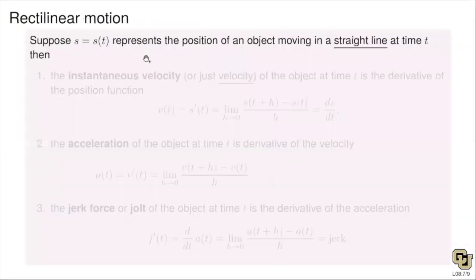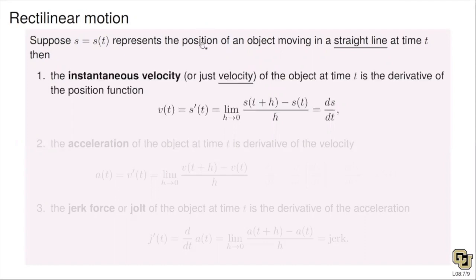All right, let me do this last slide here, and I'm going to stop. This slide is just an example of higher derivatives. We talked about if s is a position function, then the derivative of s would be the rate of change of position with respect to time, which we interpret as instantaneous velocity, or just velocity of the object. In Newton's notation, we said v of t equals s prime of t, or in Leibniz notation, s prime of t looks like ds dt.